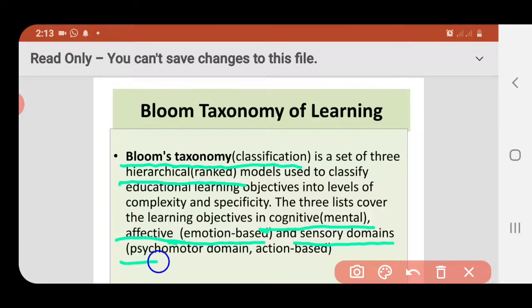In some presentations or books, they use sensory domain instead of psychomotor domain. So they can replace each other, so don't be confused. Both are related to action or our senses, meaning physical. You can also say this is related to the physical domain.